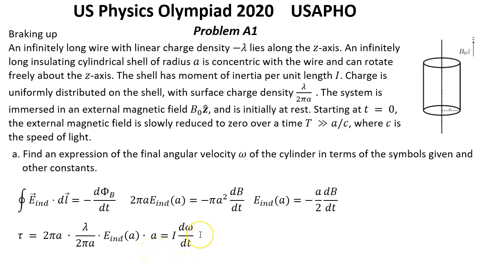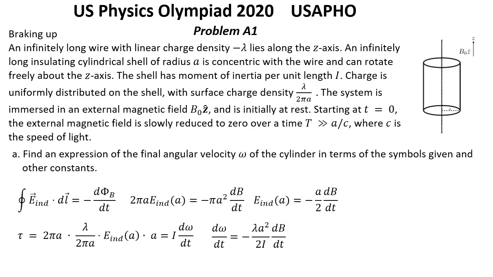And that equals the moment of inertia multiplied by the angular acceleration, which is delta omega over delta t. Now we can put the induced electric field into this equation. We have exact proportionality: the change of omega is proportional to the change of magnetic field with a negative sign, and this is the coefficient of proportionality.